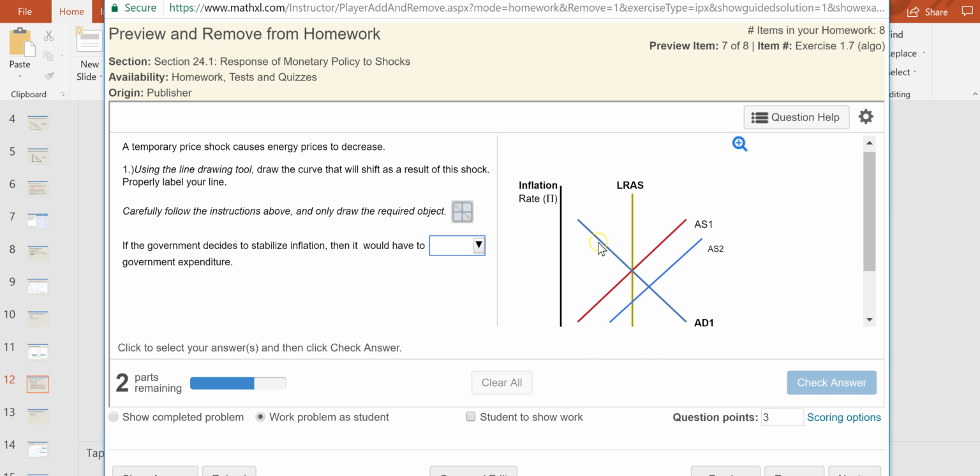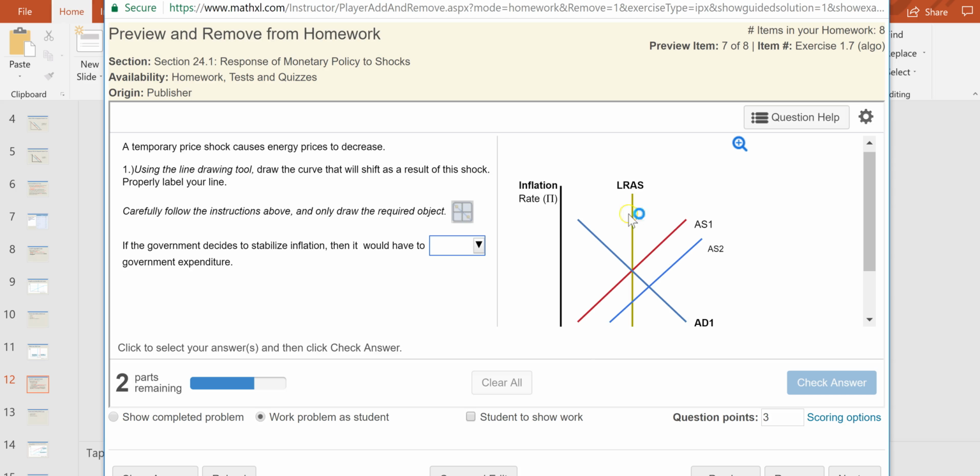If they further tighten the monetary policy, the AD curve will shift to the left, which will further decrease the inflation. So what the government can do is loosen the monetary policy, which will shift the AD curve to the right.